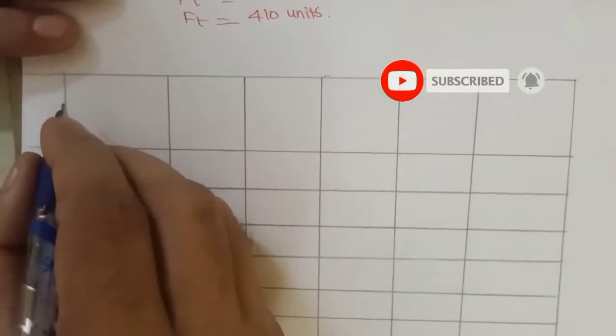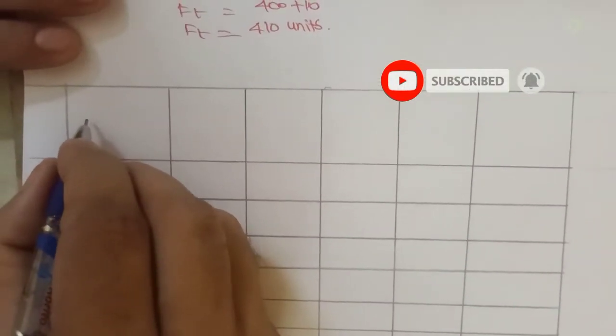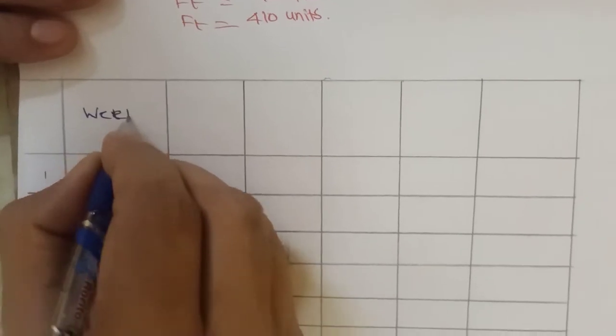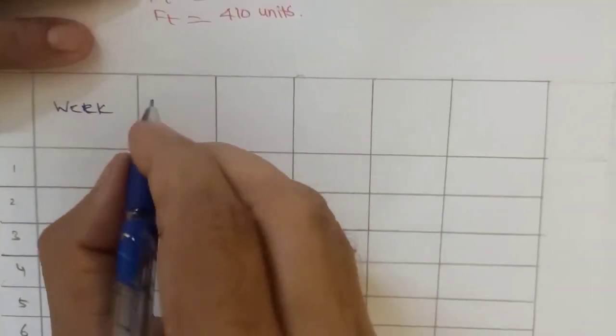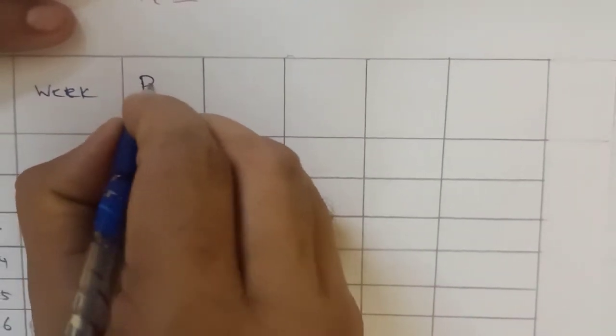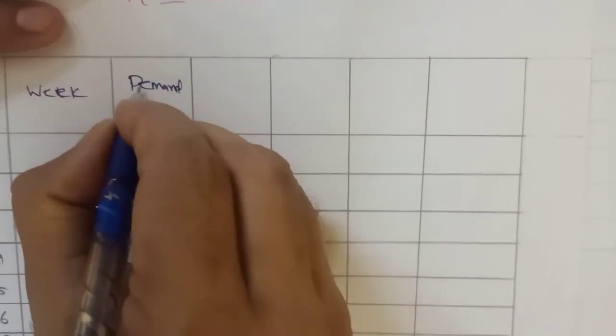So here we are going to write the week. Second one, demand. This one is called dt minus 1, and forecast.